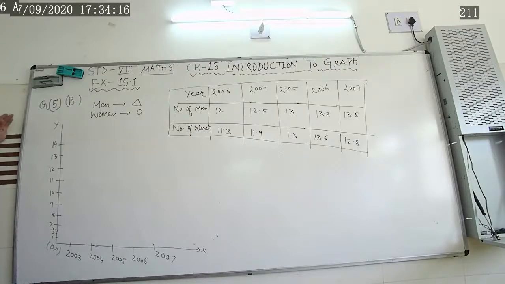Firstly for men: 2003, 12. Clear? 2004, 12.5.